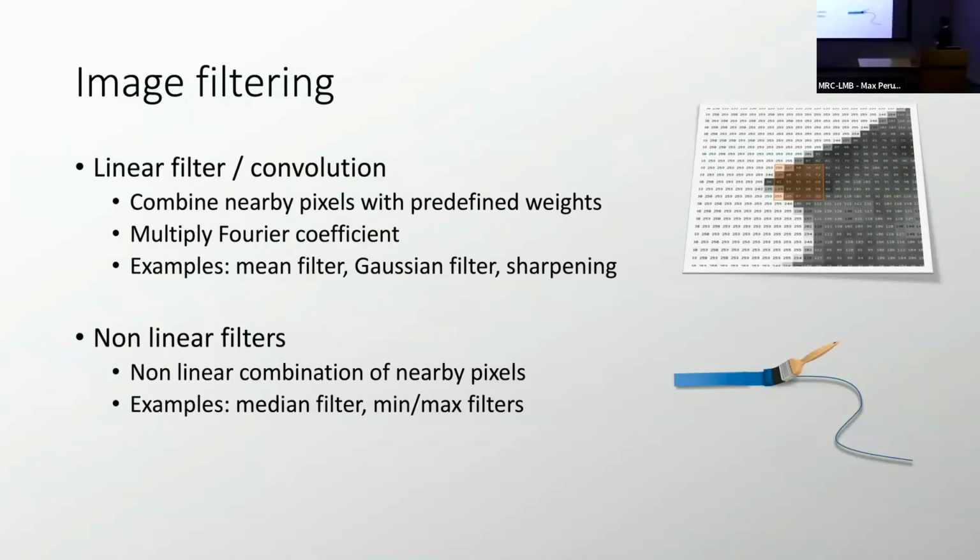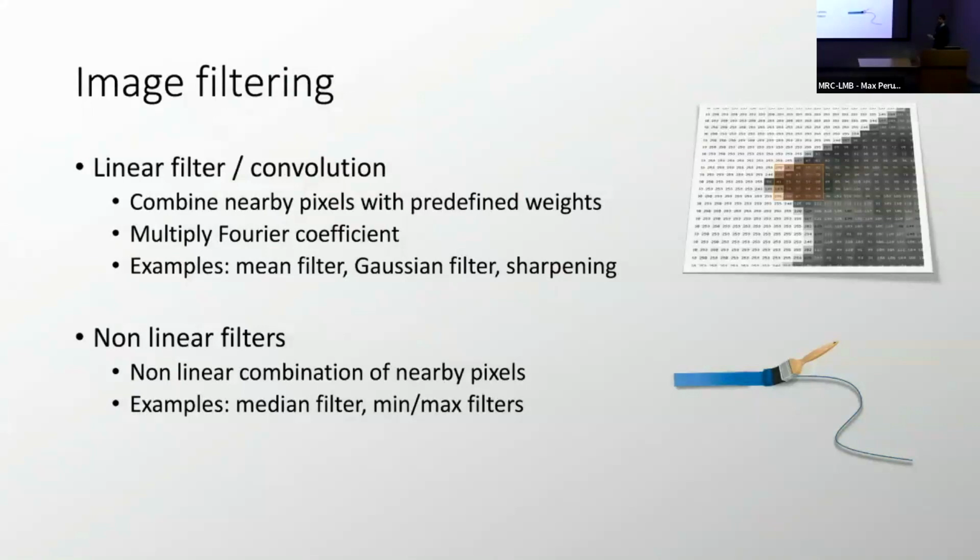We take all the values in this square and manipulate them using weights, for example. If all the weights are the same, it will be an averaging, and then we will store in the new image the value of the mean in the center pixel. This is called a convolution.